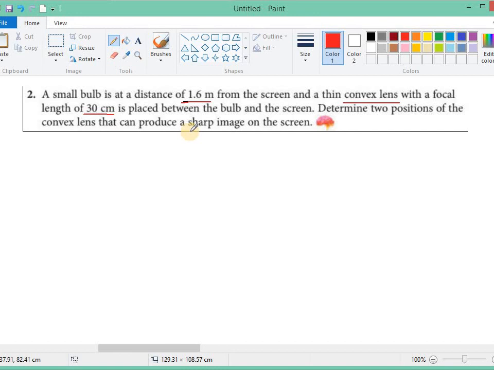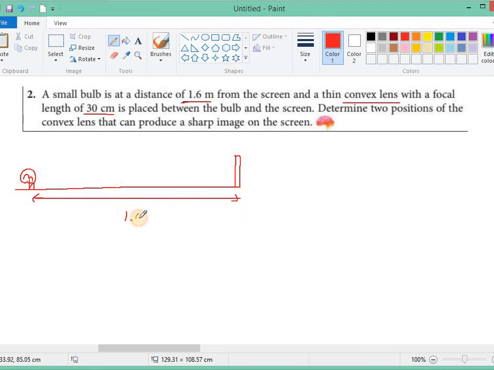That means it is like this, and we can draw to help us. This is the screen, this is the bulb, and from here to here is 1.6 meter.